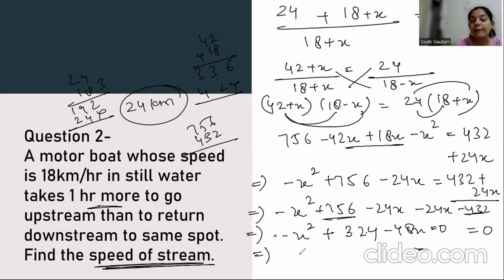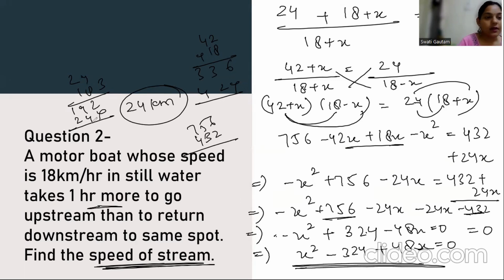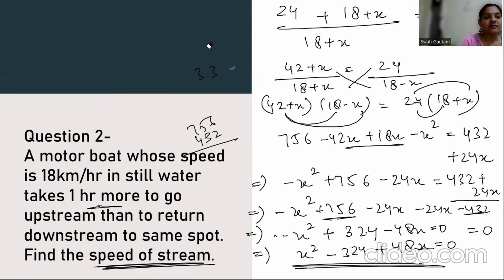You will take minus common, so it is x square minus 324 plus 48x is equal to 0. Now you have to solve the equation. So what will you do? Please see what you have to do after this.